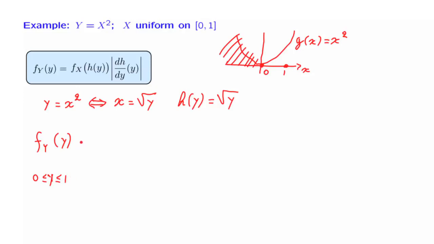So over that range, the density of y is the density of x, which is uniform, therefore it is equal to 1, times the derivative of the square root function. And the derivative of the square root function is 1 over 2 times the square root of y.